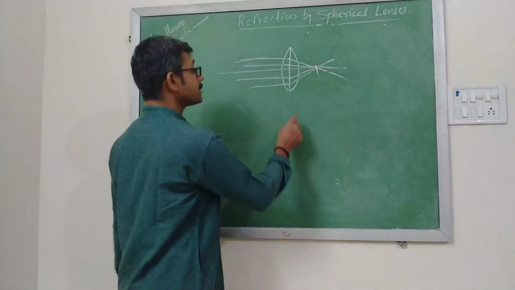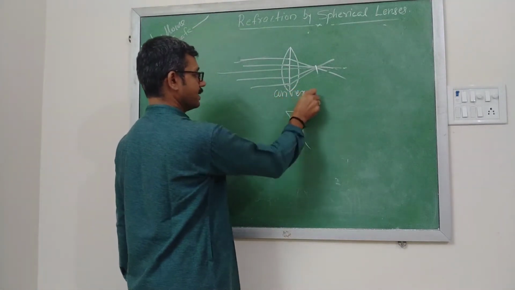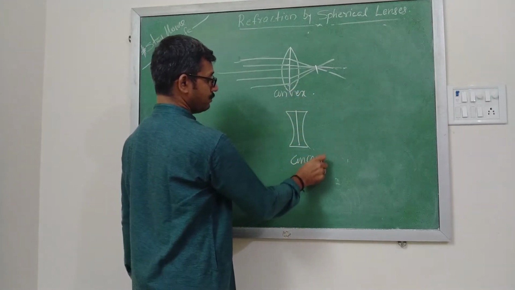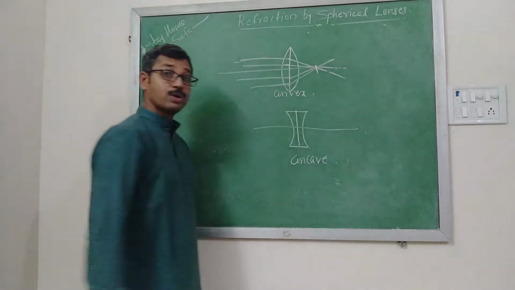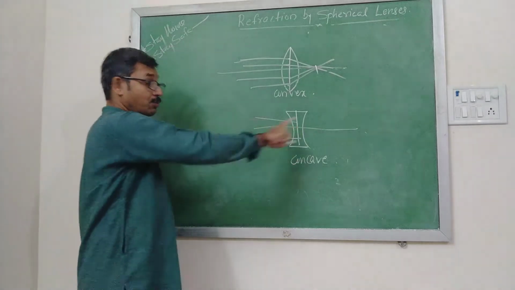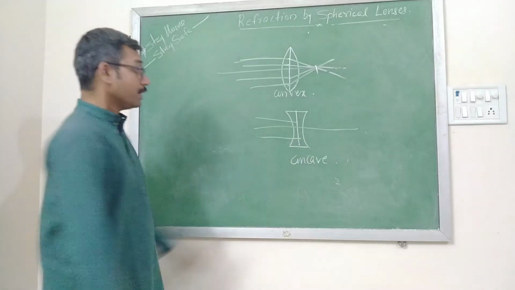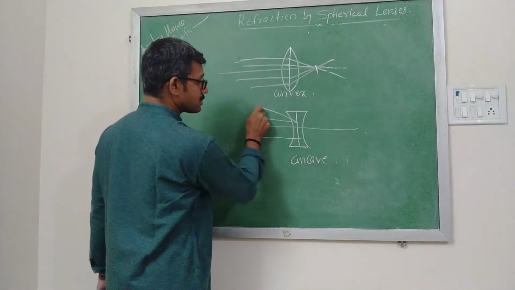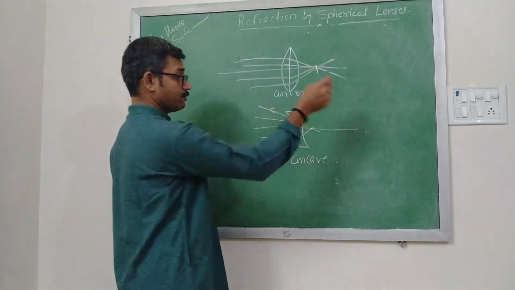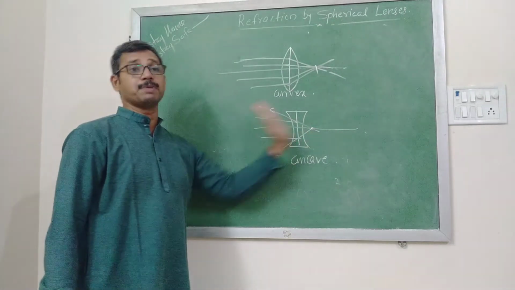Now at the same time, this is a convex and this is a concave. Now the rays of light which fall on the concave lens diverge. Look, it diverges, appearing to diverge from a common point on the principal axis.